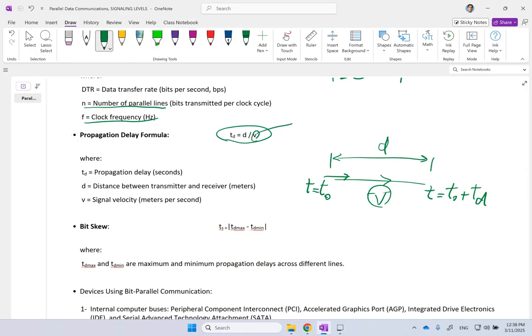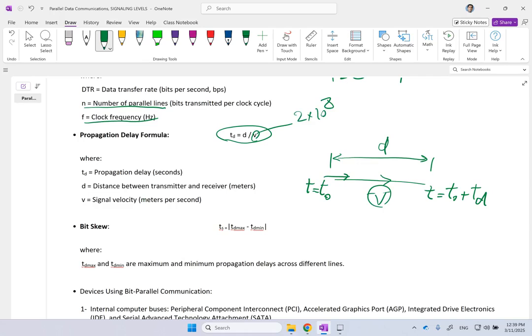Many times it is somewhere around, let's say, 60% of the speed of light, or smaller than that. For instance, if you look at fiber optics, it can go up to 2 times 10 to the 8.